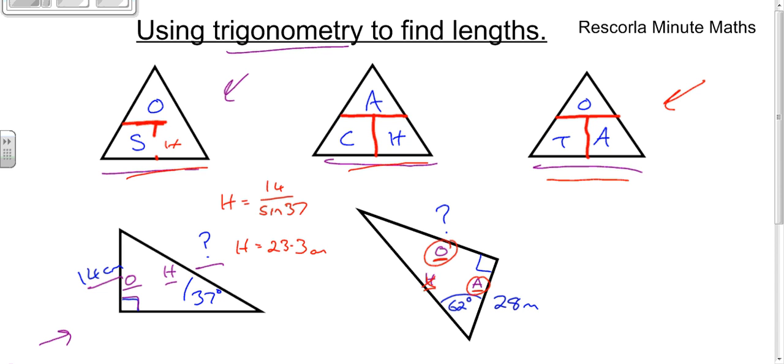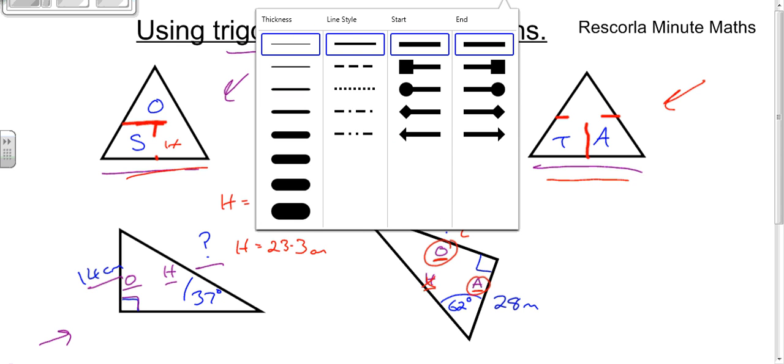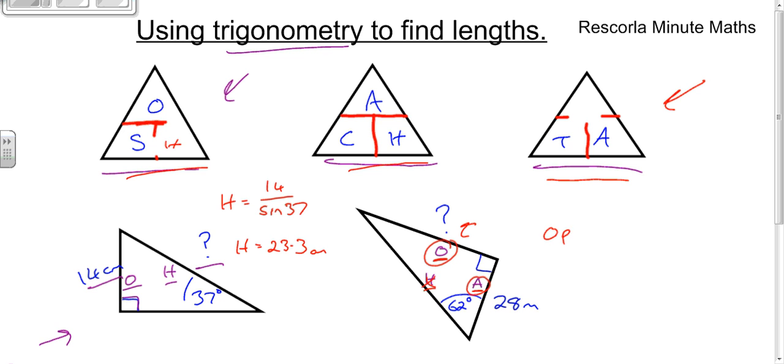So which one are we looking for? We're looking for O. So we cover up O, and it's going to be T times A, so they're on the same level. So we write down that the opposite equals T, which is tan. So it's going to be tan of the angle, because the T, the C, and the S are tan, cos, and sin, and that's the angle.